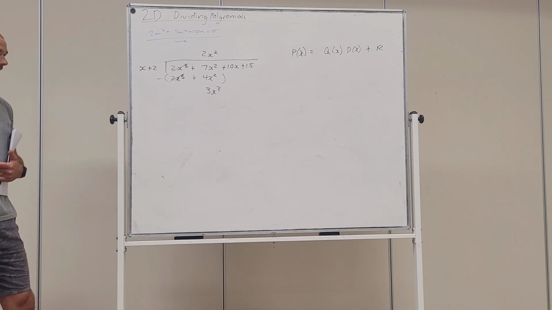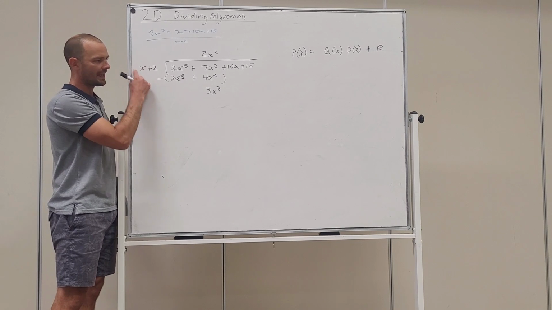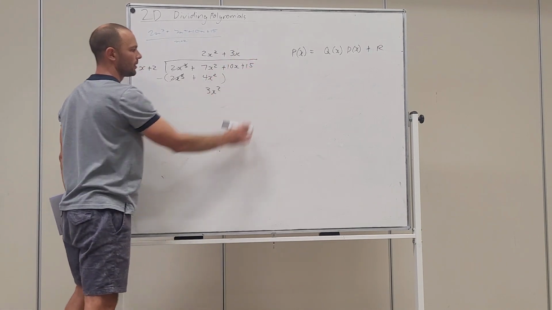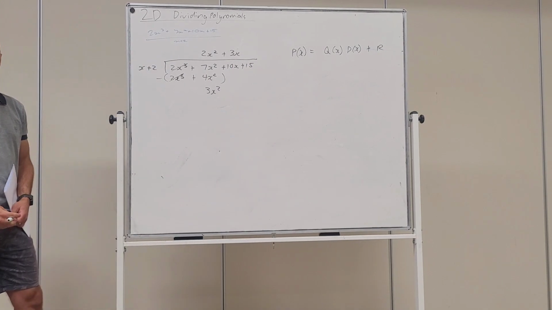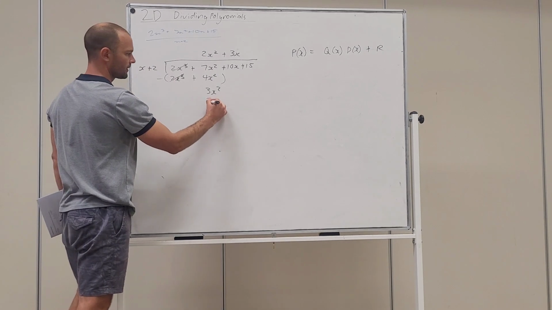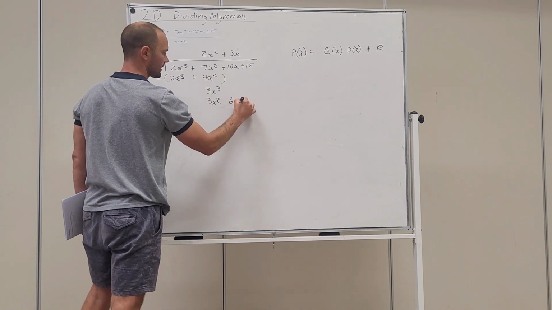Then we ask ourselves, I've still got that leading term x. What do I multiply by x to get 3x squared? Positive 3x. So 3x times x will give us 3x squared, and 3x times 2 will give us 6x.